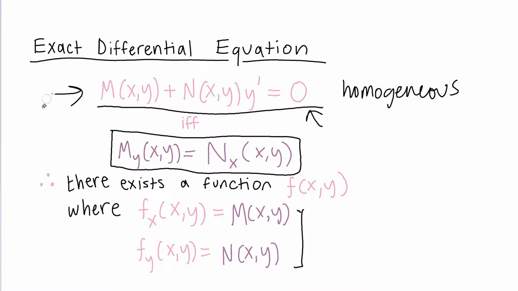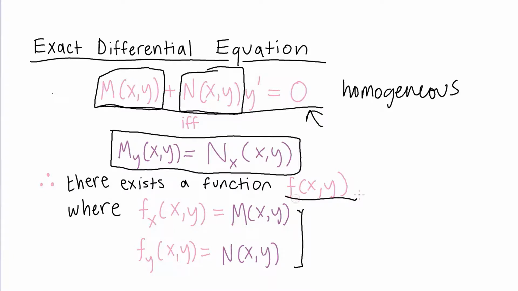I don't want to have all these lines everywhere, so I'm going to clean this up a little bit. This right here and this right here are the partial derivatives of the solution f of x and y.